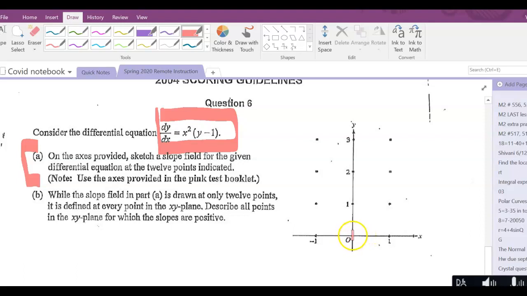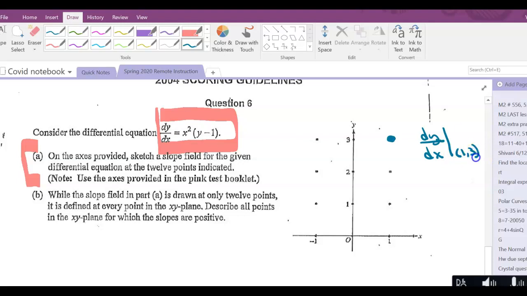And these 12 points here, right, 3 by 4, these 12 points right here in bold, okay? And what you're going to want to do, obviously, let's just do that question together. You're going to want to evaluate dy/dx at that point (1, 3).